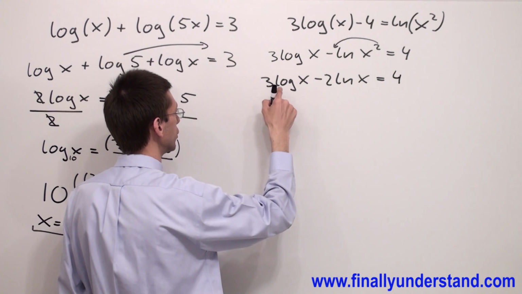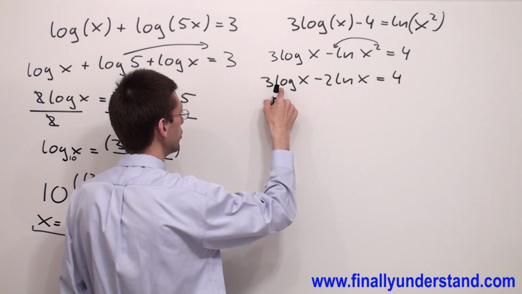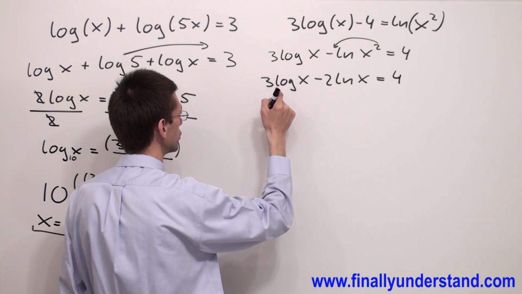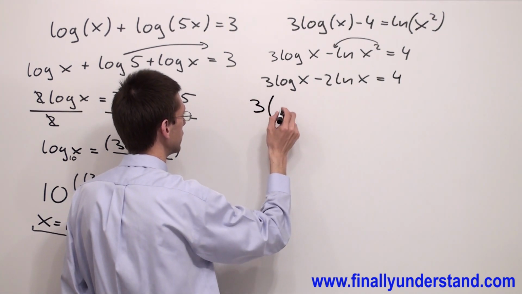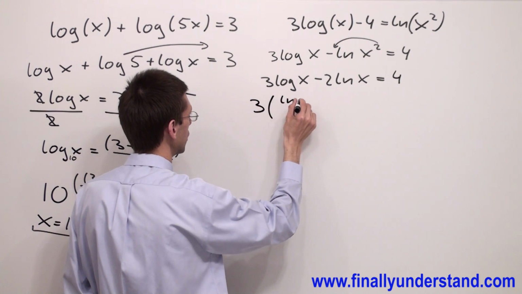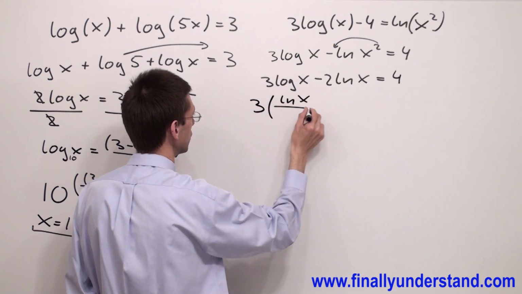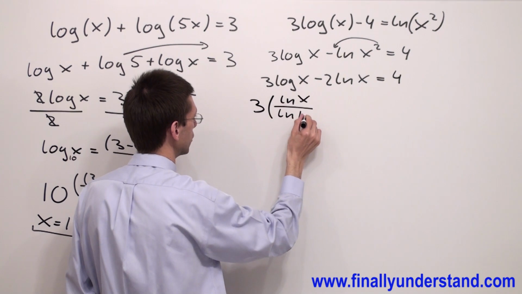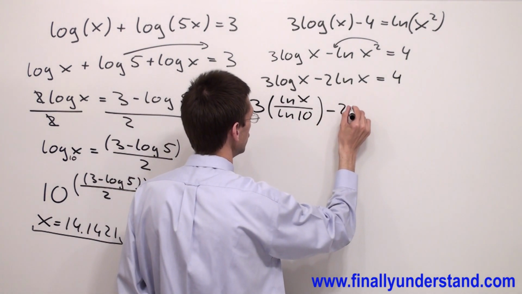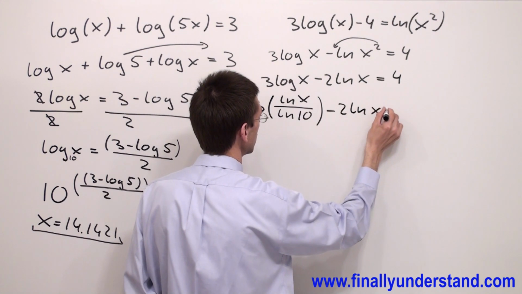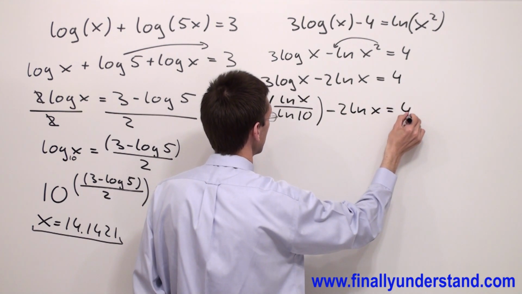Next, I'm going to convert this common log to the natural log by using the property for changing the base. So I have 3, open parenthesis, natural log of x over natural log of 10, minus 2 ln x equals 4.